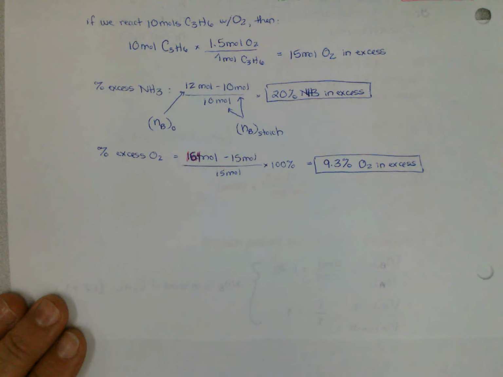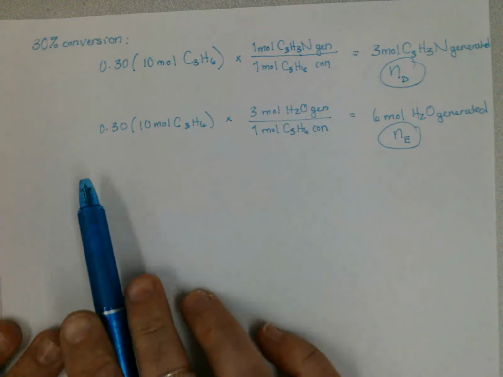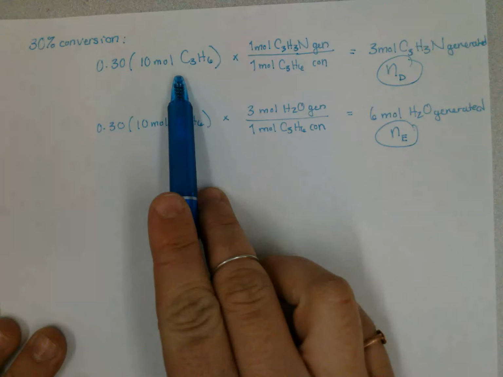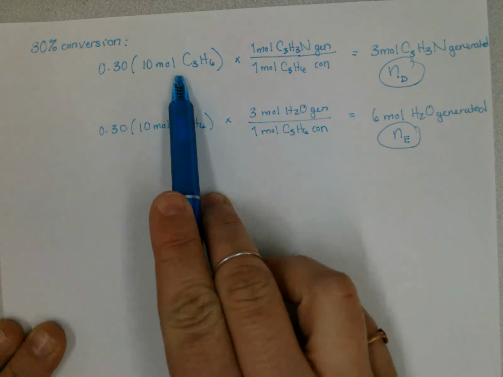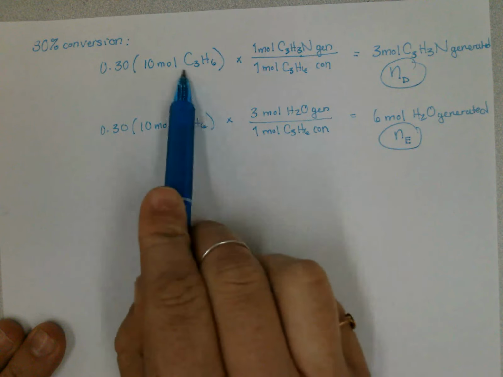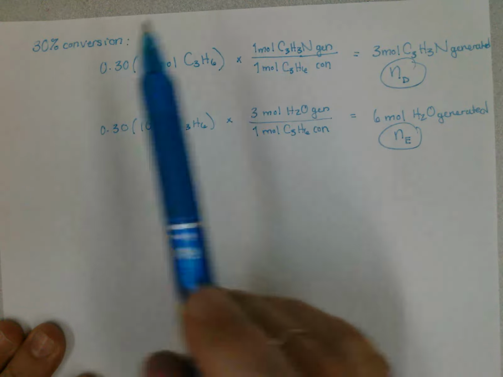All right, now the last thing that we need to do is look at conversion. If we have a 30% conversion of your propylene into products, this is where we need stoichiometric ratios again. There's the 30% times the total number of moles.